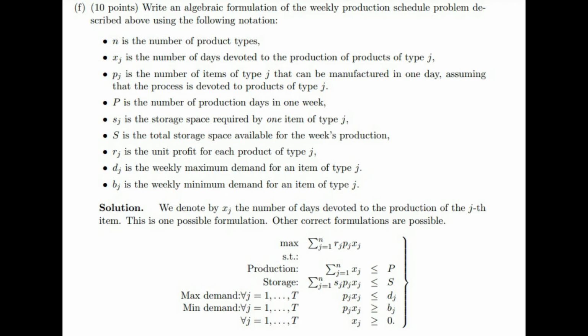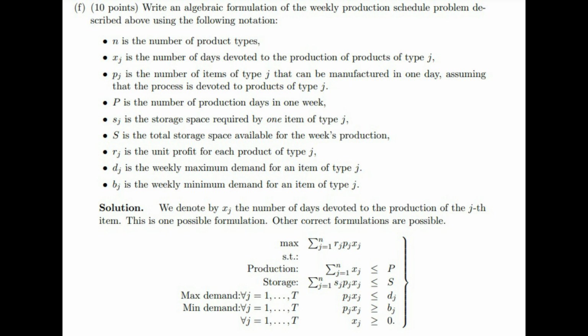Write an algebraic formulation of the weekly production schedule problem described above using the following notation. N is the number of product types. Xj is the number of days devoted to the production of products of type j. Pj is the number of items of type j that can be manufactured in one day, assuming that the process is devoted to products of type j.